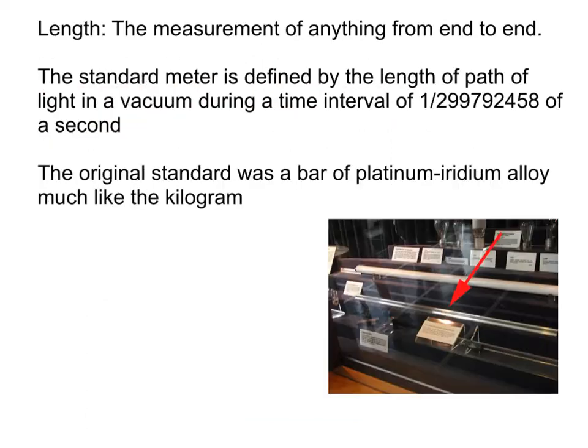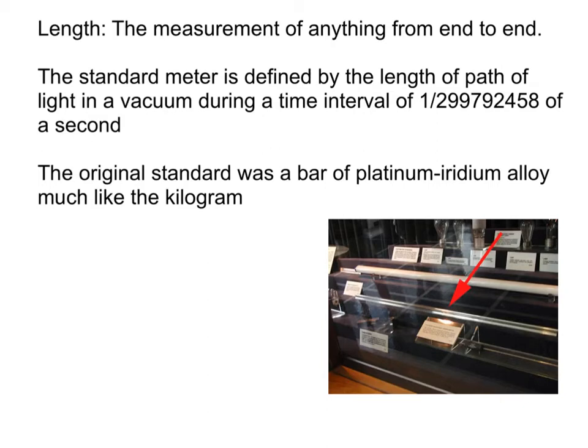The next measure is length. It's the measure of anything from end to end. The standard meter is defined by the length of the path of light in a vacuum during a time interval of a specific fraction of a second. That is a physical standard, but it was originally defined by a piece of platinum iridium alloy encased in some airtight container.